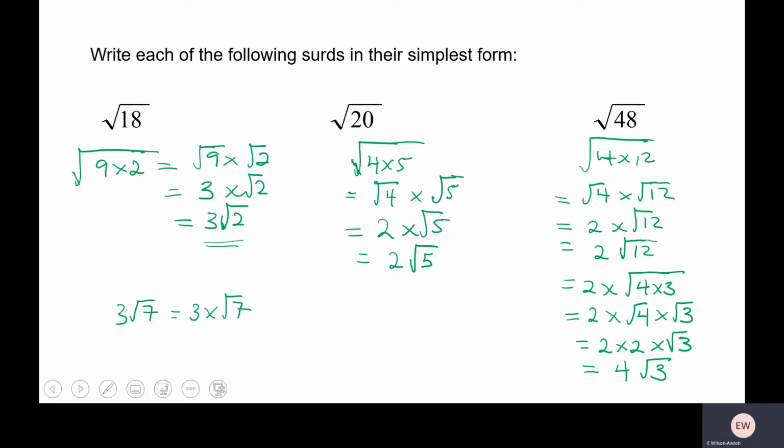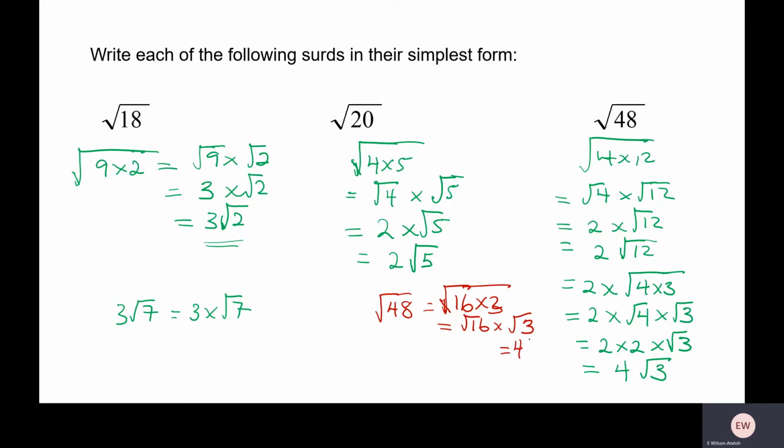Now, another person would do it this way. Root 48 can be written as root of 16 times 3, because 16 is a square number, and this will give us root 16 times root 3, and root 16 is equal to 4.